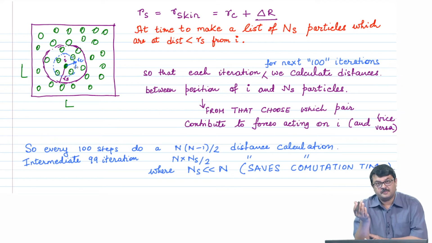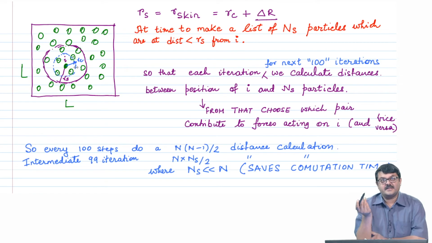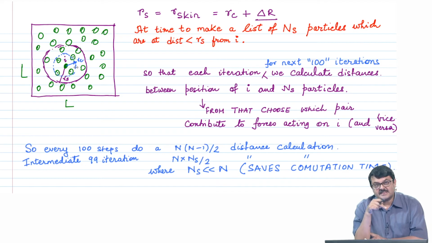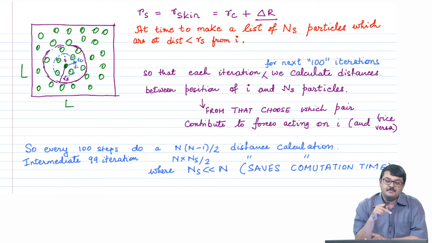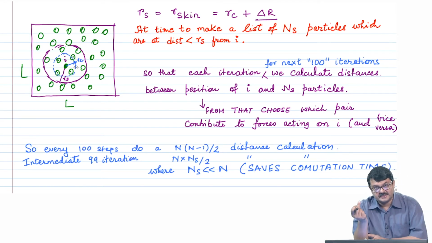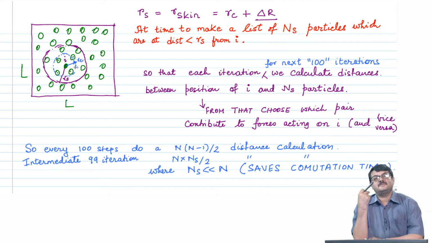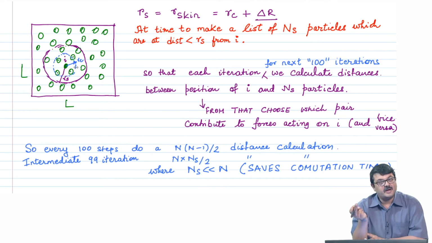So, you have a new list of particles, and for the next iterations, again instead of calculating the distance between particle I and all other particles, you just calculate the distance between particle I and the neighboring particles at time t plus 500 iterations. After 500 iterations, you again call the neighbor list. You have a new list of particles which could be neighbors.